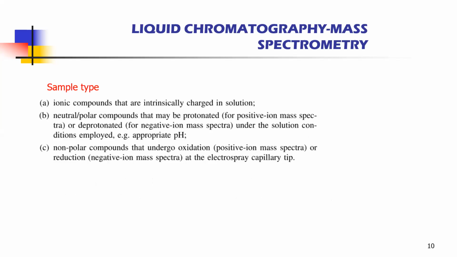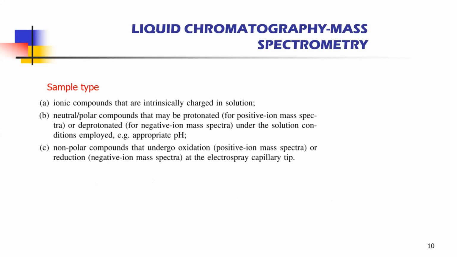What kind of sample molecules will be utilized for electrospray, we will discuss in this slide. Ionic compounds that are intrinsically charged in solution can be analyzed with electrospray. Then we have neutral or polar compounds that may be protonated for positive ion mass spectra or deprotonated for negative ion mass spectra under the solution conditions employed, for example, appropriate pH.